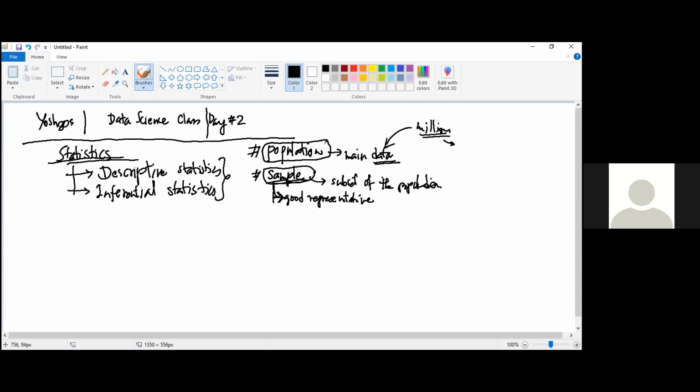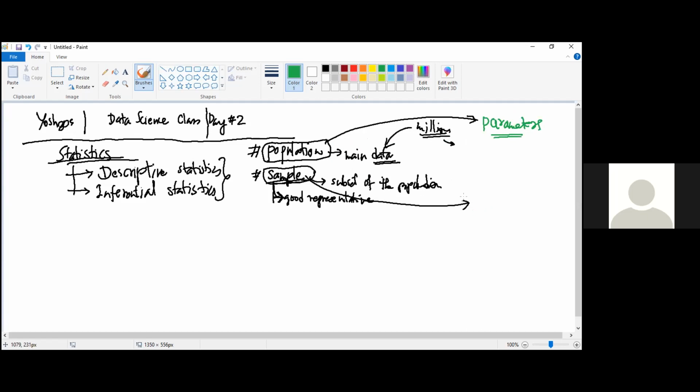Now when we talk about population and sample, another two terms come into picture. Related to population are parameters. We define population using parameters. Parameters are those statistical quantities that describe the population.